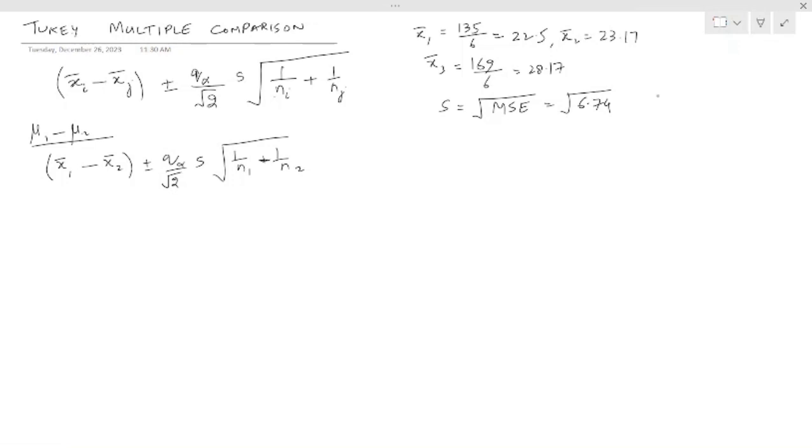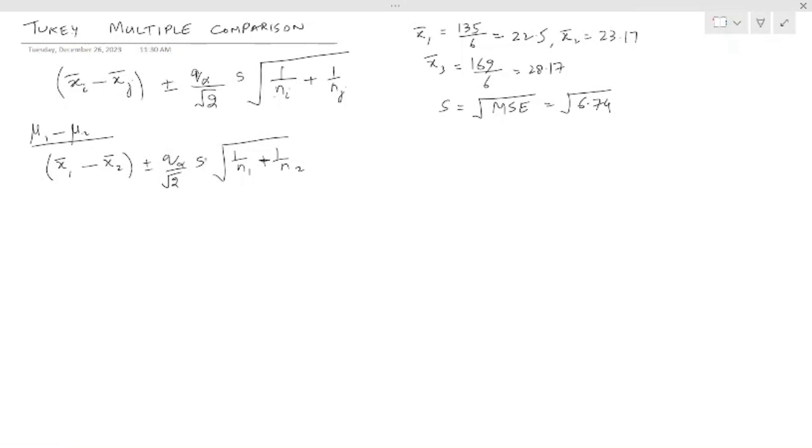Also, since the number of observations is equal in every column, the factor inside the square root, 1 upon n1 plus 1 upon n2, or 1 upon n1 plus 1 upon n3 in case of comparison of mu1 with mu3, and 1 upon n2 plus 1 upon n3 in case of comparison of mu2 minus mu3, will become constant.